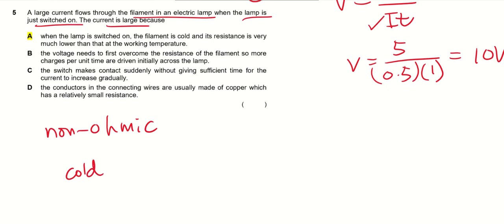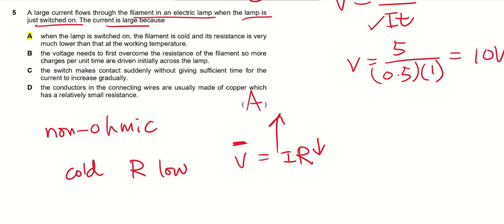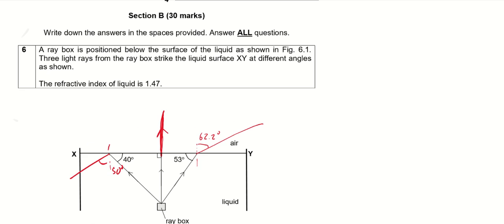So the current is large, they are saying, because when the filament lamp is cold, the resistance is low. And because V equals IR, my V from the mains is constant, my R is low, and therefore my current will be high. So answer is A. Okay, let's go to section B.